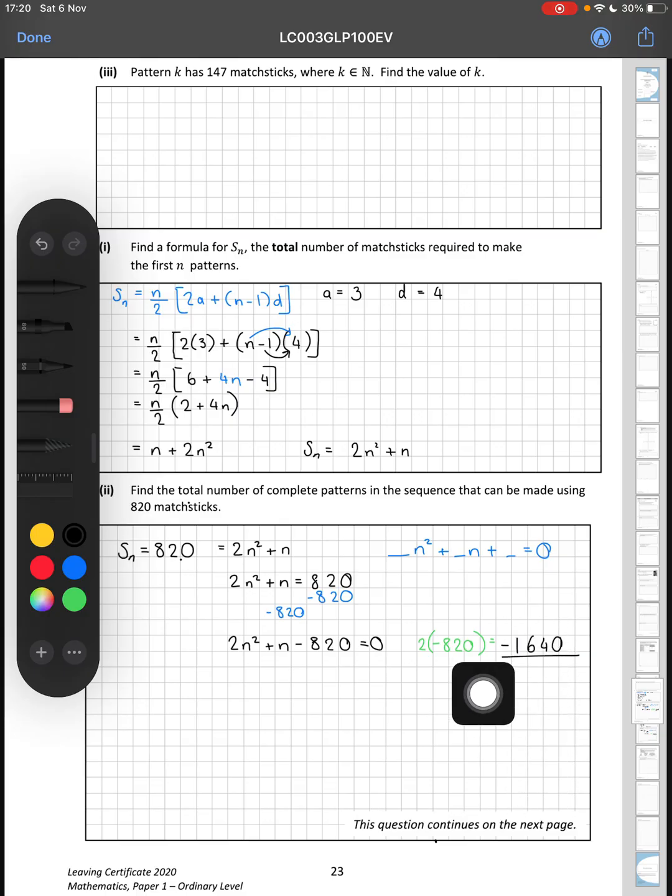So I'm going to multiply 2 times the minus 820 and see that we need factor pairs for minus 1640. That's what I'm going to be looking for things to multiply to get. And of my factor pairs that I list out here, I'm going to be looking for things with a difference of 1. Because there's such a small difference between them, I'm looking for something very close to the square root.